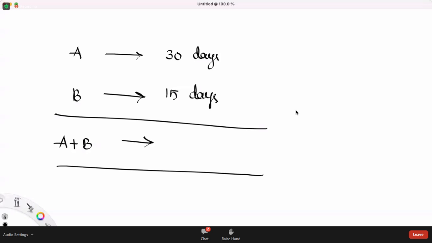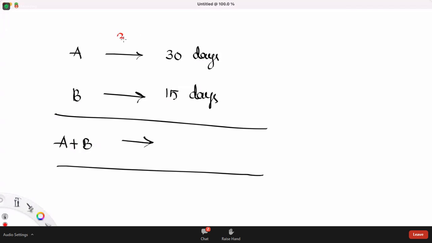Nice, very good. What is the LCM of 15 and 30?